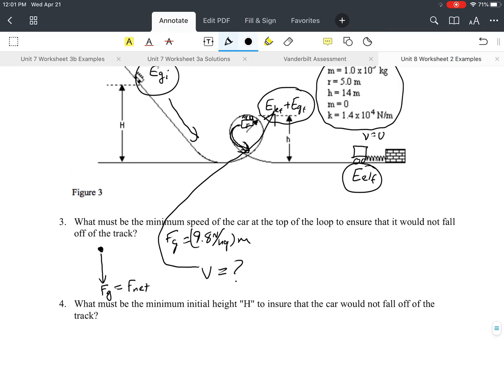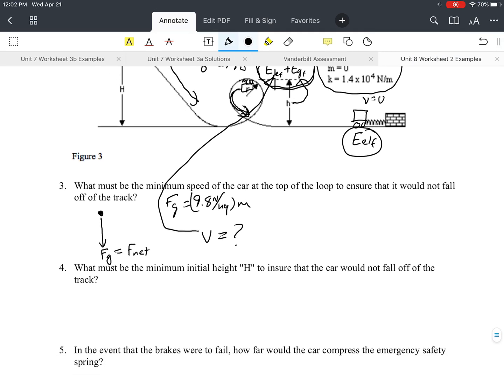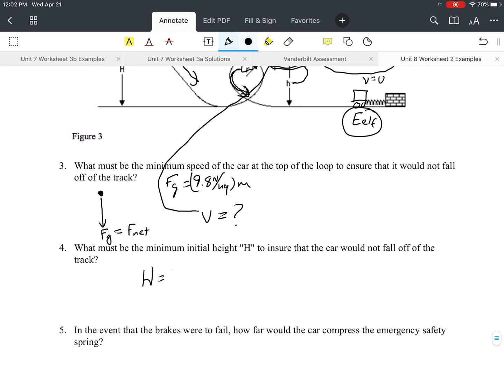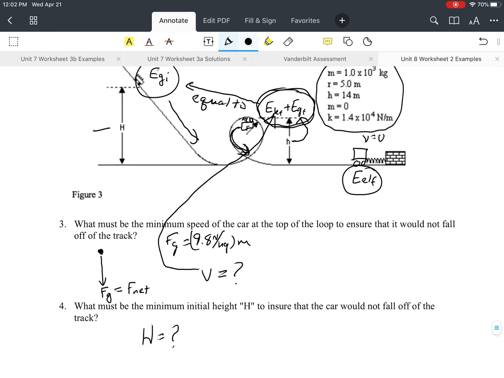And then we can also put in this height into that gravitational potential energy there. And so we can figure out how much of these energies total we have. And once we know the total energy of this kinetic plus this gravitational, we can know that it is equal to the initial gravitational potential energy. And so then we can find what this H is right there.